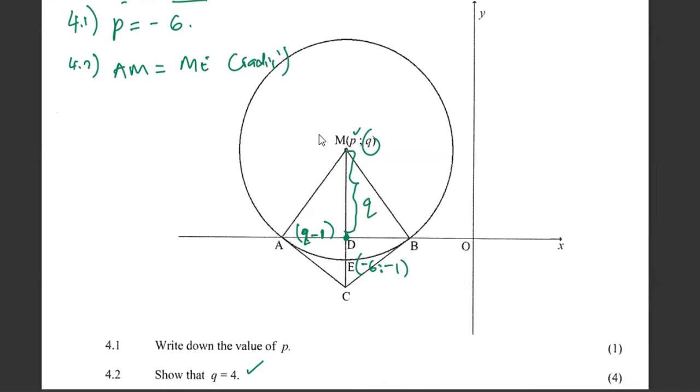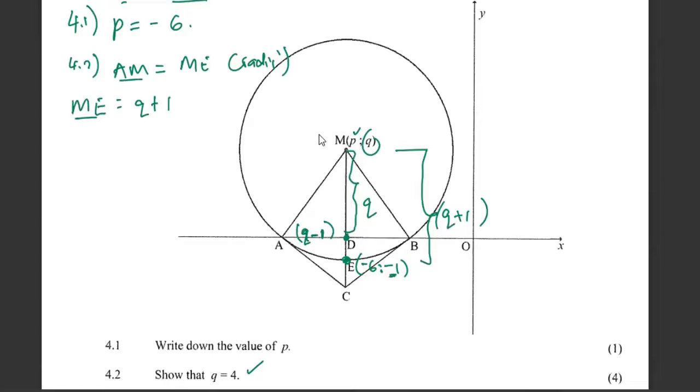Then the distance ME is going to be Q minus -1, which becomes Q plus 1. That's one thing that we also need to highlight, that ME is Q plus 1. So ME is the same as AM.